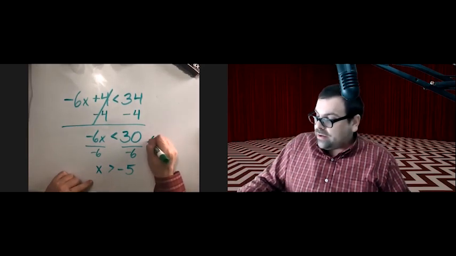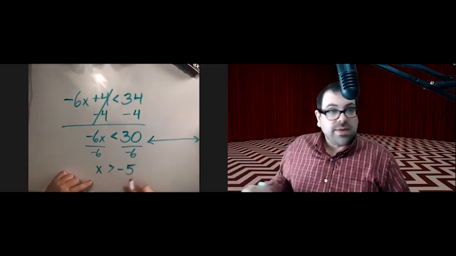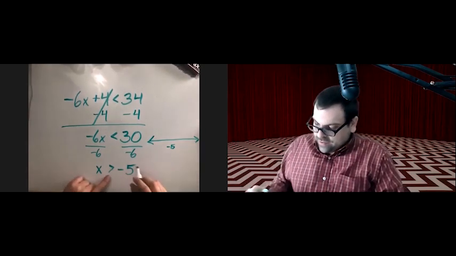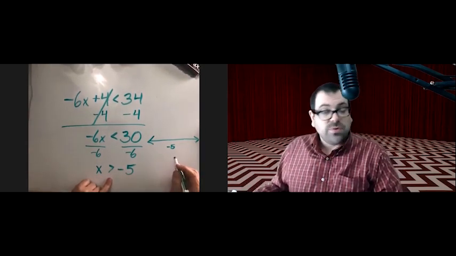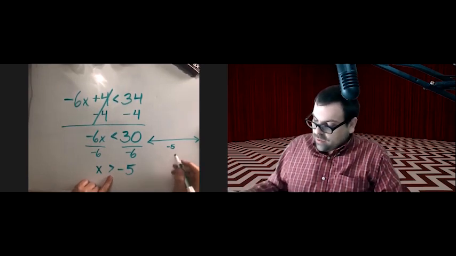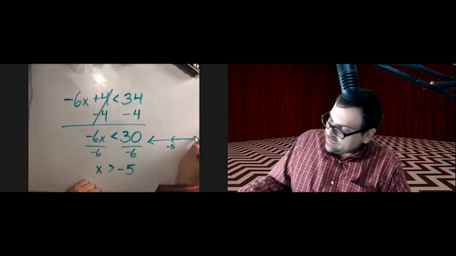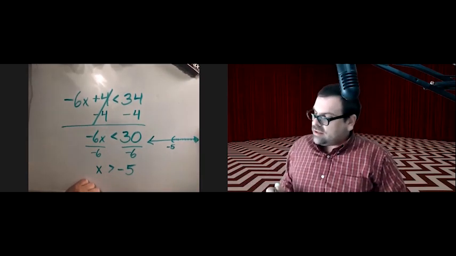On a number line, that means we would be at -5. There's no or equal to, so it's a parenthesis. And we want to graph greater than. So it's an open parenthesis with the shading to the right.